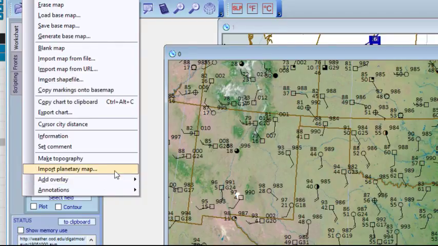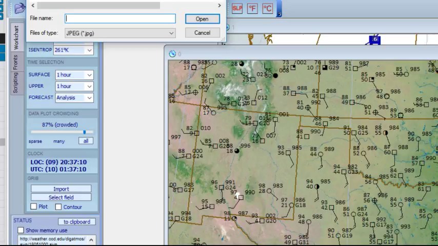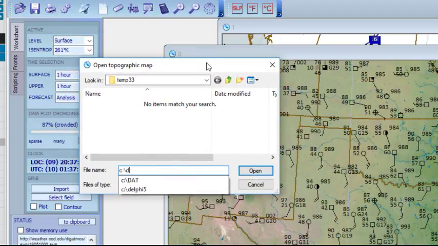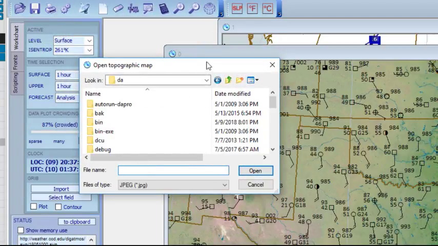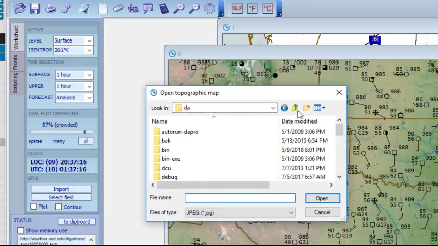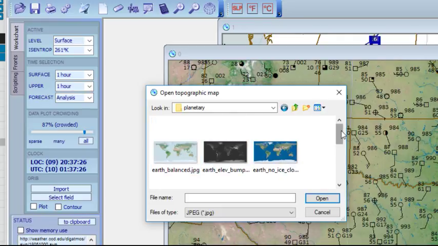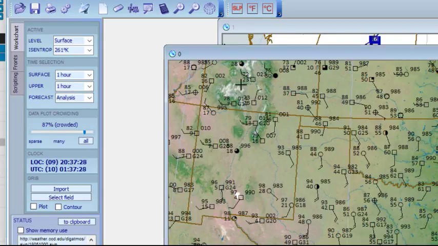I'm sorry, import planetary map right there. And at least on my system, I've got a directory called planetary maps. Yeah, that's it right there. So if you don't have that, let me know and I can probably send you a couple files there.